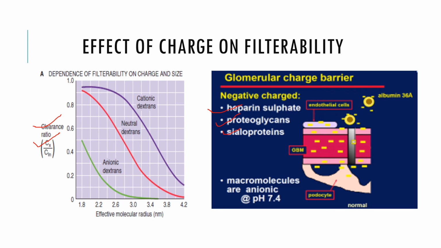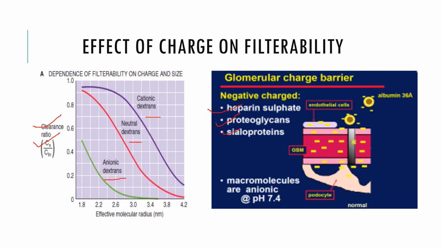So this figure shows how electrical charge affects the filtration of different molecular weight dextrans by the glomerulus. Dextrans are polysaccharides that can be manufactured as neutral molecules, as anionic molecules containing negative charge, and as cationic molecules. So we can have neutral dextran, anionic dextran, and cationic dextran.